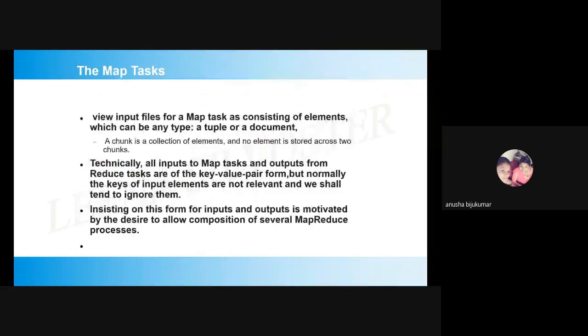The input to a map task consists of elements, which may be a tuple or a document. A chunk is a collection of elements, and no element is stored across two chunks.